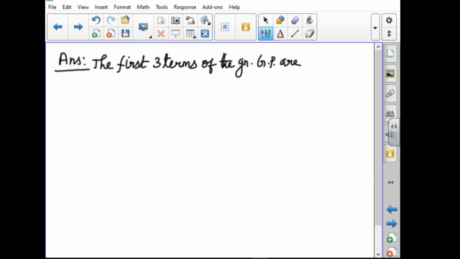First term 1000, so 1000. T2 is 400, 400. T3 it is 160.